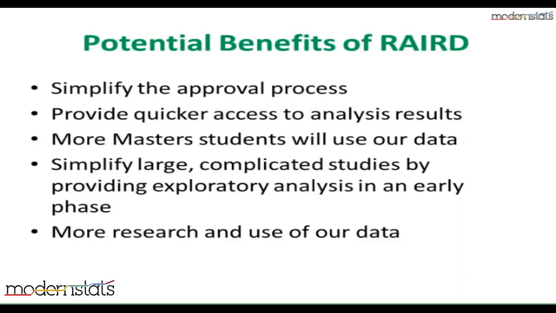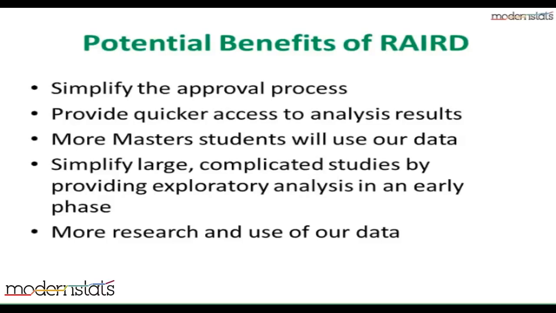We want to simplify large, complicated studies by providing exploratory analysis in an early phase. We expect there to be more research and more use of our data. And of course, the more data is used, the better the quality will be.